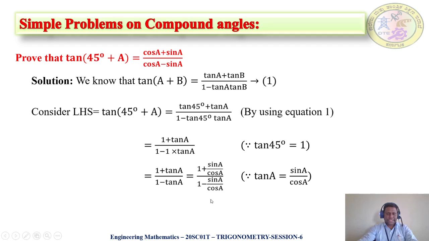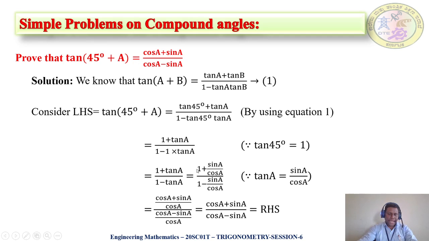Now if you take the LCM in both numerator and denominator, here cos a is the LCM. If you take cos a, then cos a into 1 is cos a plus sin a remains as it is, whole divided by, here also if you take cos a as the LCM, then cos a into 1 is cos a minus sin a remains as it is.